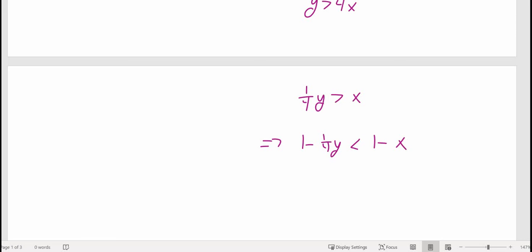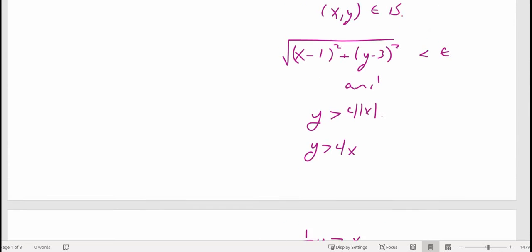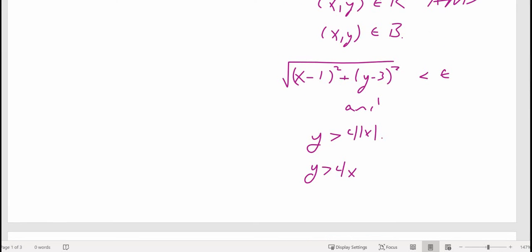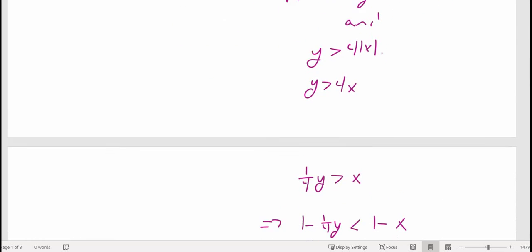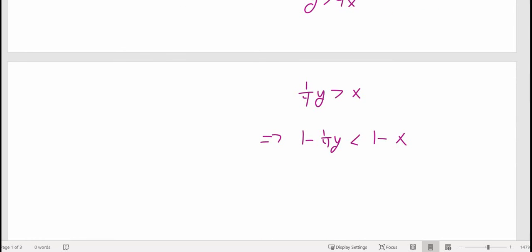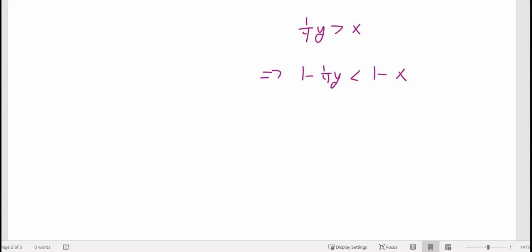We're taking a bigger number, subtracting it from 1, so it's got to be smaller. The reason for doing this is I'm going to try to do stuff with this other equation up here, and that has x minus 1s and y minus 3s. I could have subtracted 3 from both sides and had a y minus 3 to make a substitution, but this was just as easy.